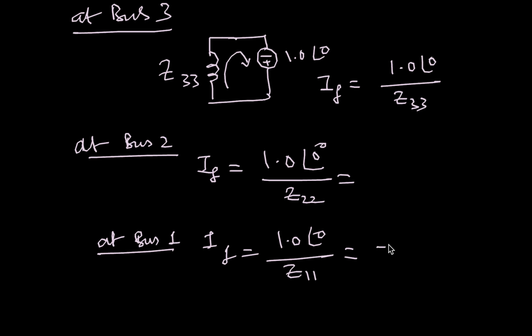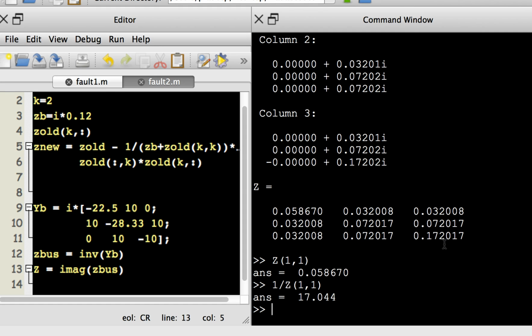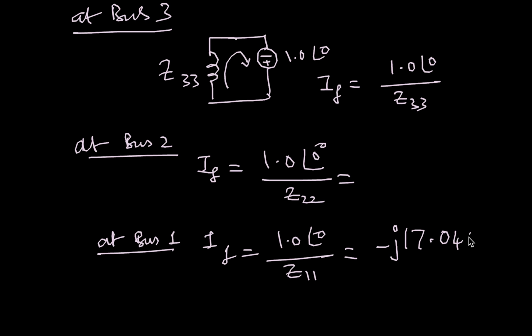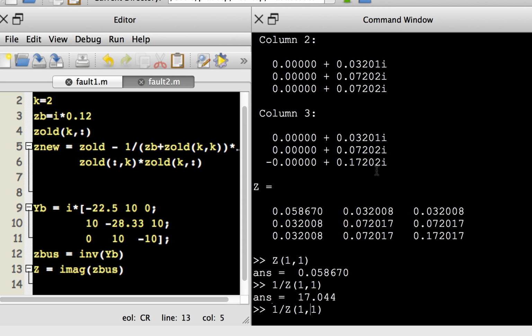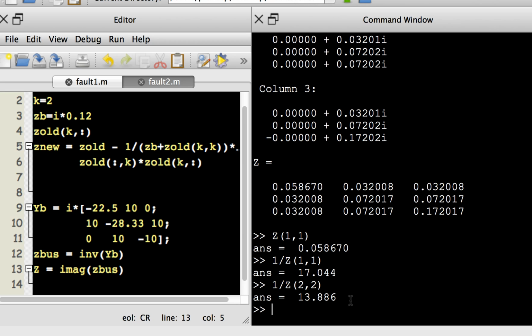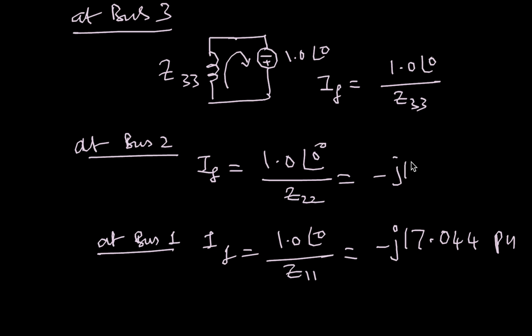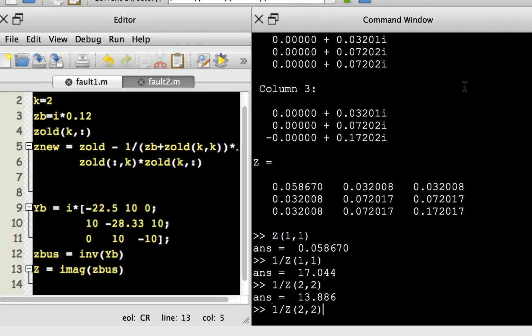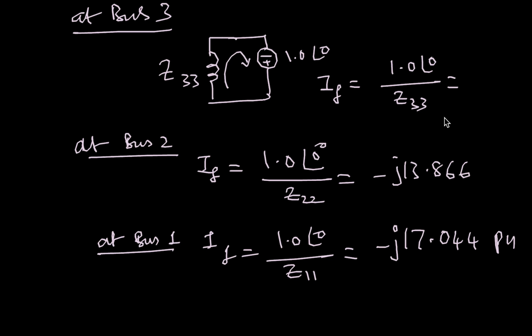The fault current will be minus j17.044 per unit. Fault current at bus 2, if I change it to 2, will be 13.866, and similarly the fault current from Z33 is 5.81.